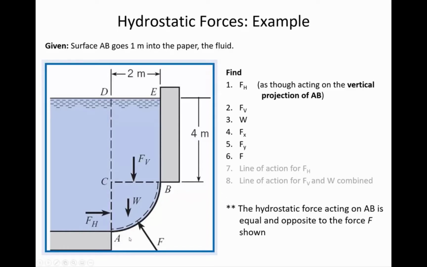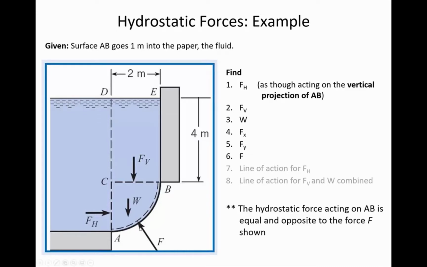But what about W and the location of that? What do you notice about the placement of that force? Like, how is it being represented side to side, speaking? Is it at the centroid of that quarter circle? Good, it is.